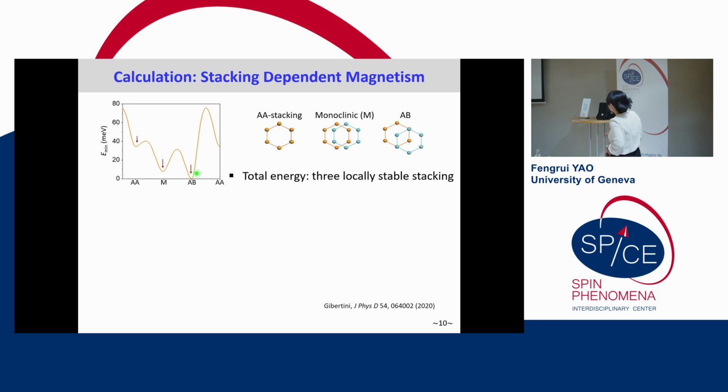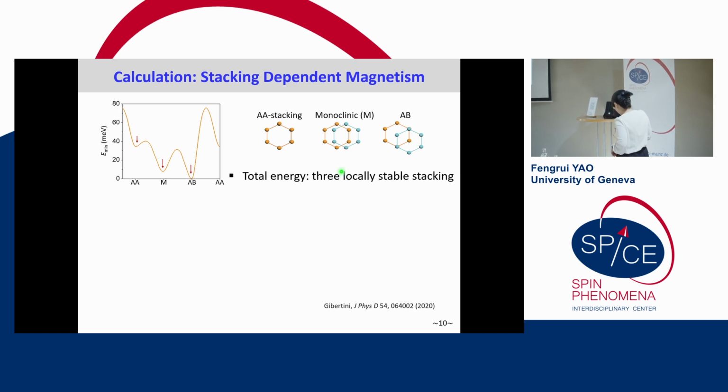They are AA stacking, where the top layer chromium lies exactly on top of the bottom layer chromium; monoclinic stacking, where the top layer is shifted by one third relative to the bottom layer; and also AB stacking, where one chromium of the top layer lies on the center of the honeycomb lattice of the bottom layer.